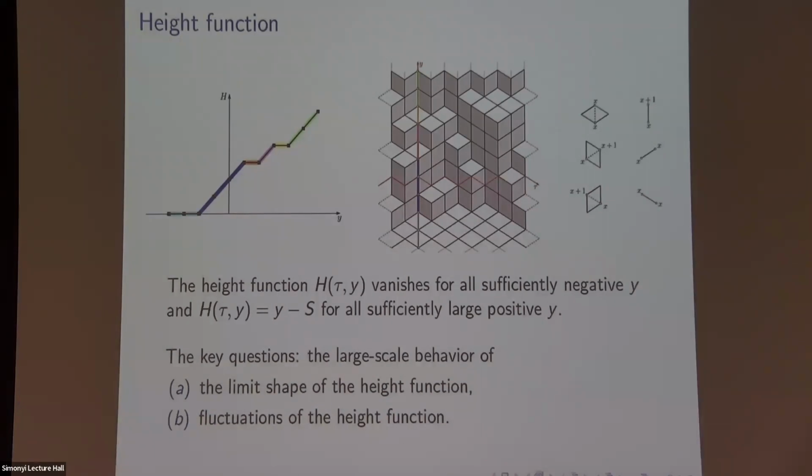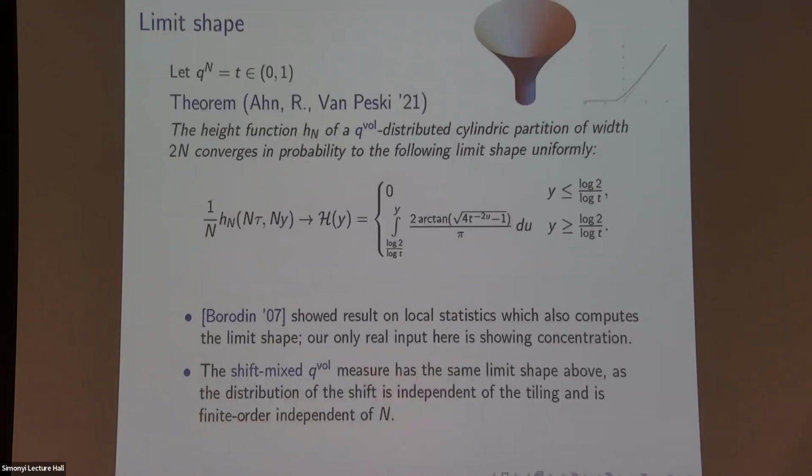And as soon as you have this, then the next question is how much these fluctuate around our limit shape. Okay, and before we start discussing these two questions, let me first state the results.